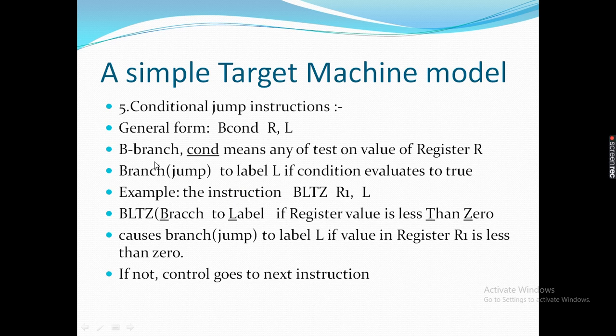B means branch, and condition means any test on the value of register R. So this instruction causes a branch to label L based on the value of register R.